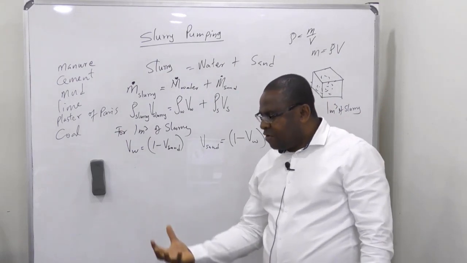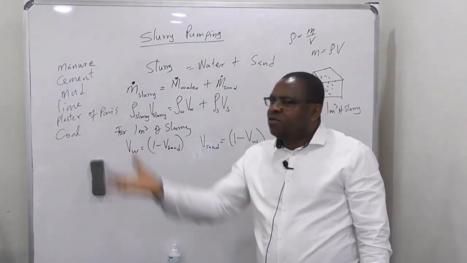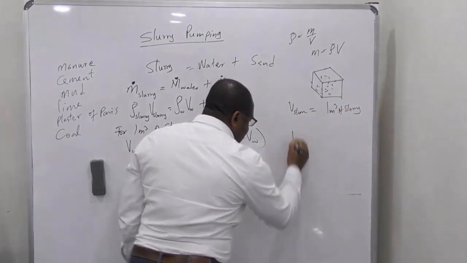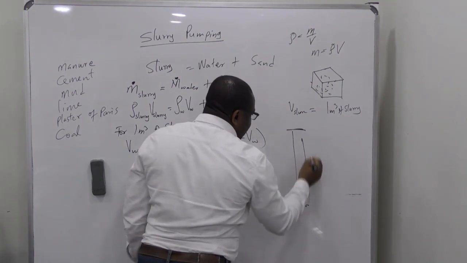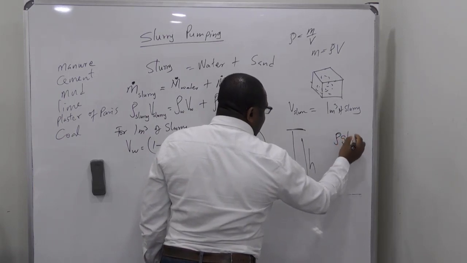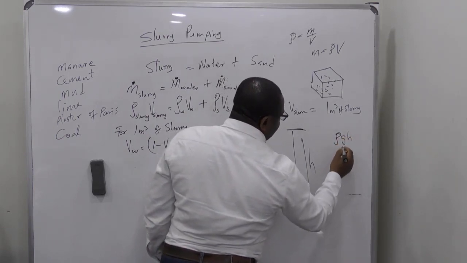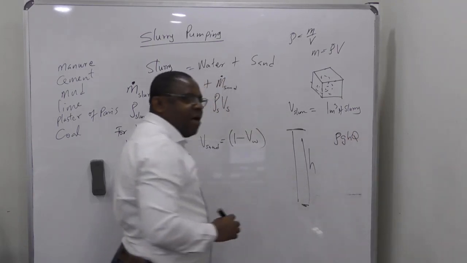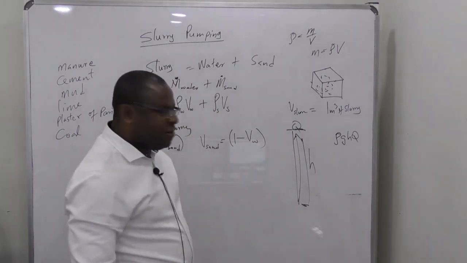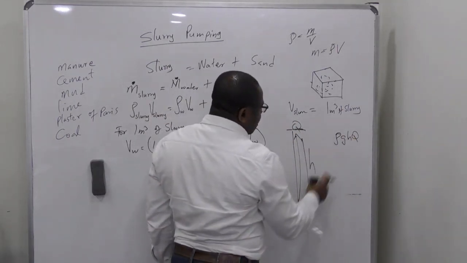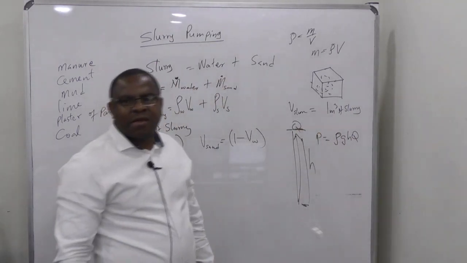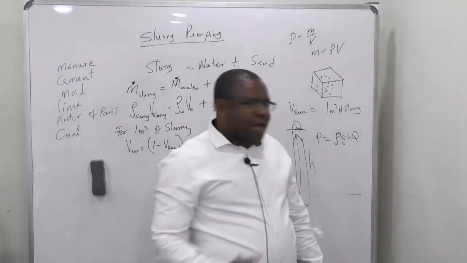So if a pump is going to pump a slurry from ground level to a certain height, and I know the head, you can get the power, rho G H Q. So if I know how much flow rate Q is being pumped, I can multiply with the head, multiply with G, to get power. Remember that? That's what we did last time.